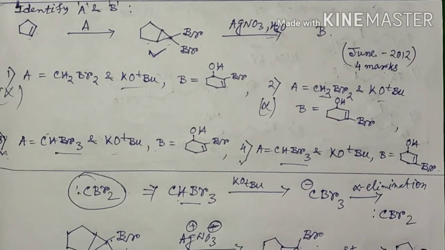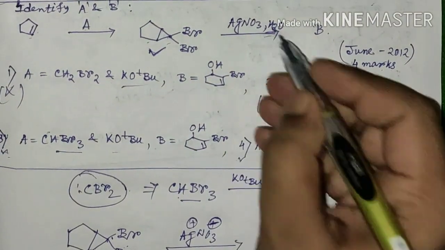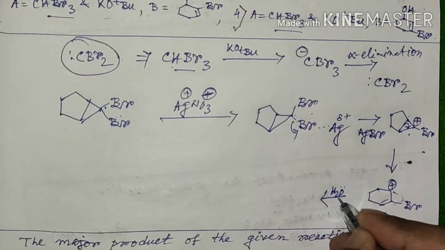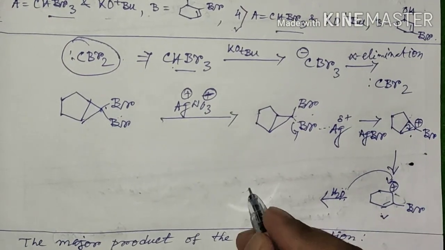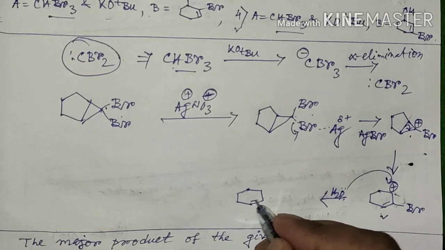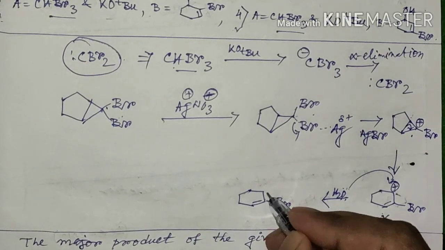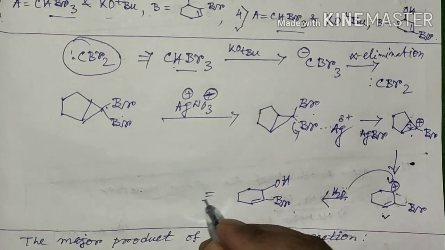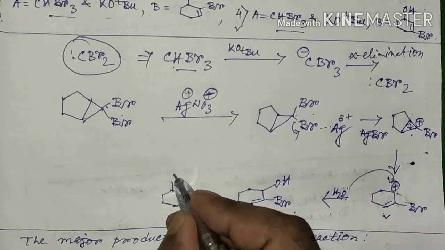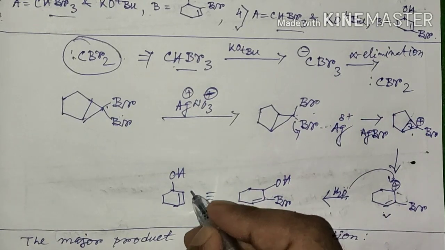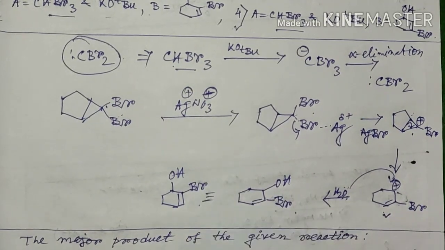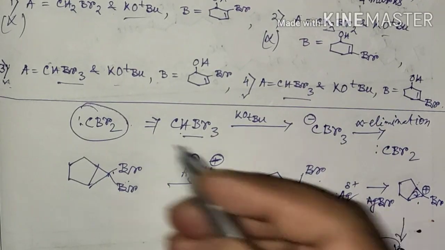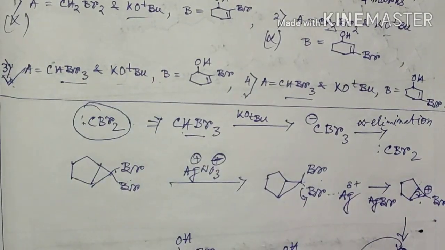And in the given condition we can see that here is water, and this water will attack at this carbocationic center to form the corresponding OH species, the corresponding alcohol. So the final product will be OH, and here will be bromide. So we can see from the options that option C is the correct answer.